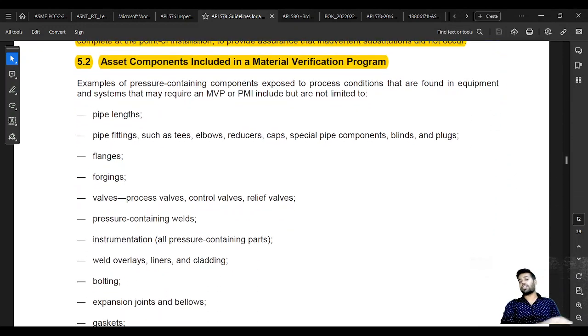Next is asset components that should or could be included in material verification programs. These are some items for which a material verification program can be made by the owner or user.